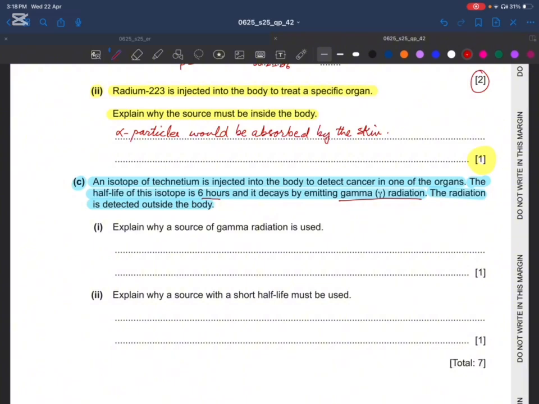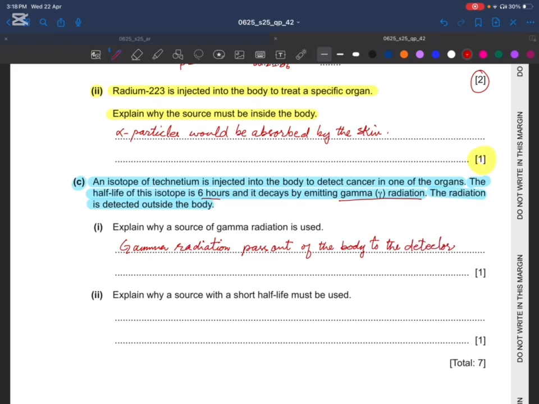The gamma radiation passes out of the body to the detector. So simply you can write this line: gamma radiation pass out of the body to the detector, because the detector is outside the body.